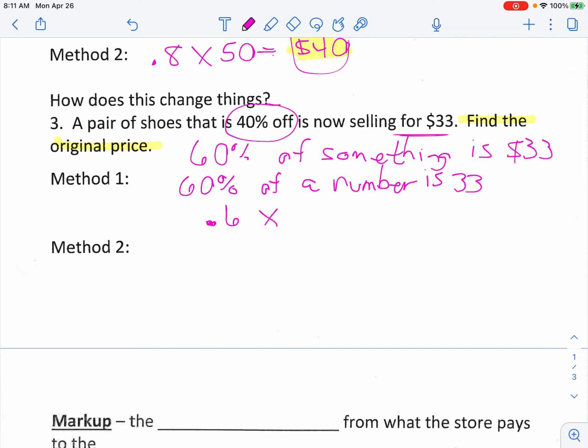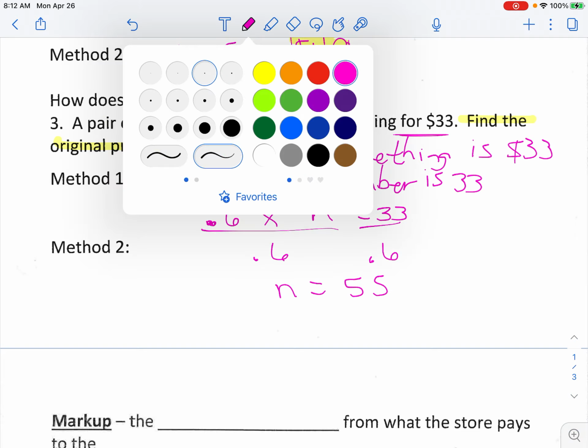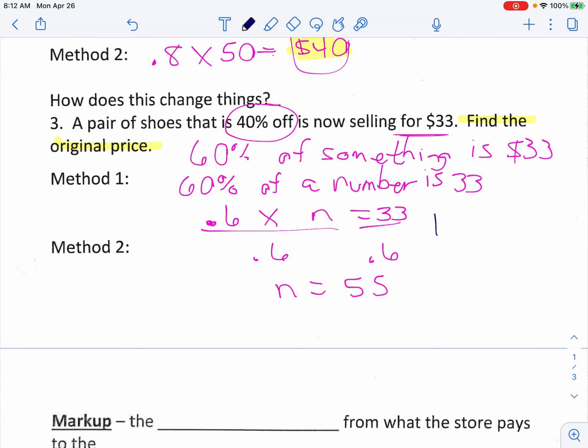We learned that of means times. We learned that a number is where your variable comes in. Is is your equals, is 33. So now we're going to divide both sides by 6/10, and N equals $55. So then over here, find the original price.